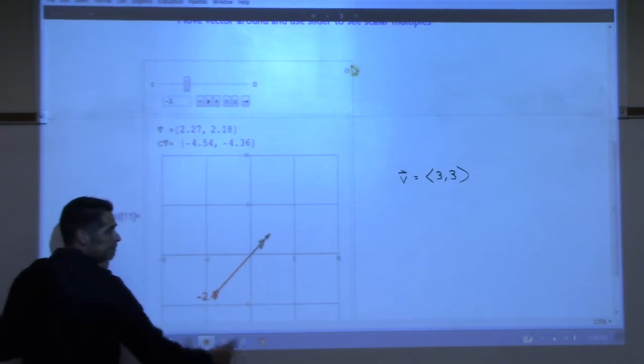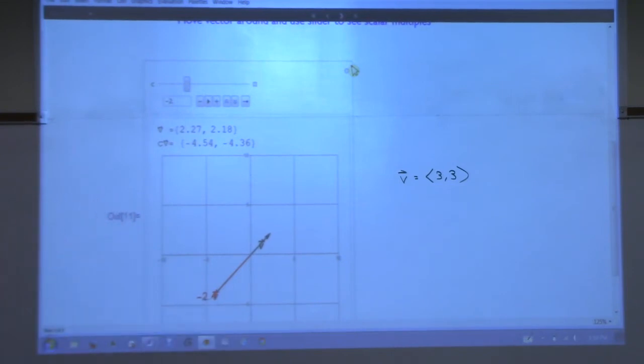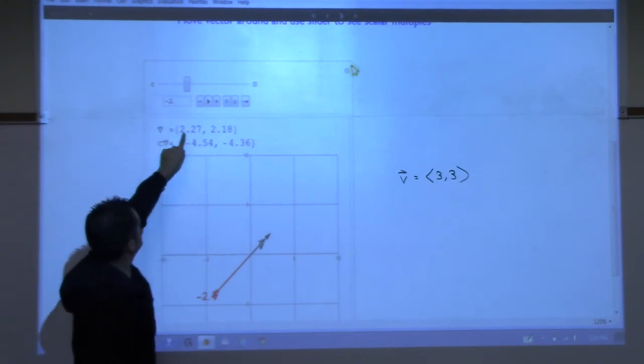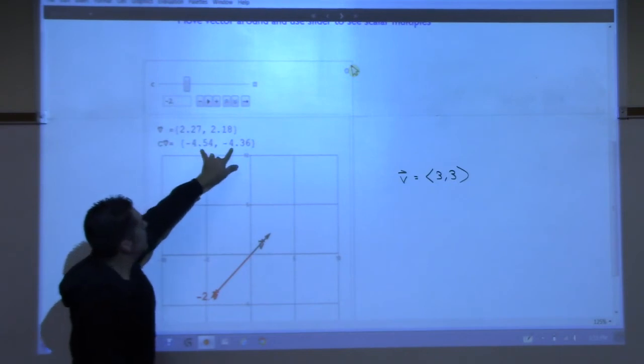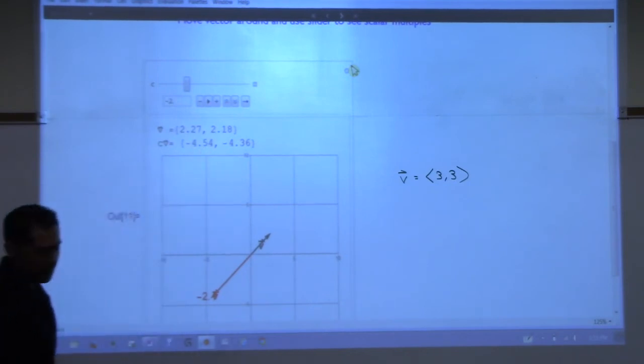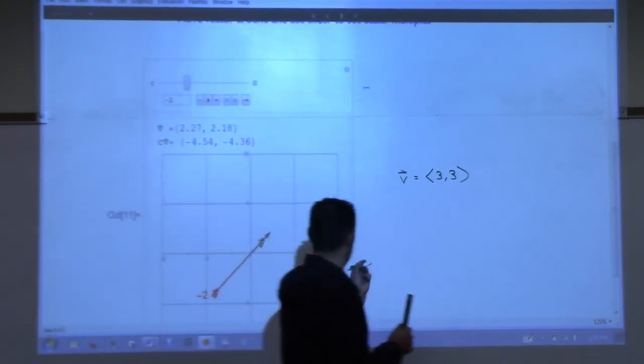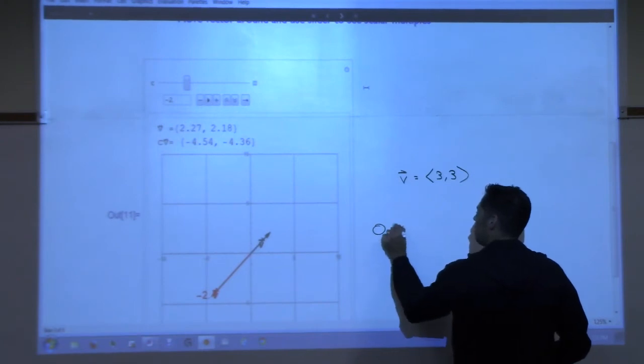So the 2 multiplies in each point? Yes, the 2 goes to each one. Well, in this case, -2. So if you take the original vector v, and multiply by -2, you get this new vector. So it just distributes. What do you think 0 times the vector v would be?